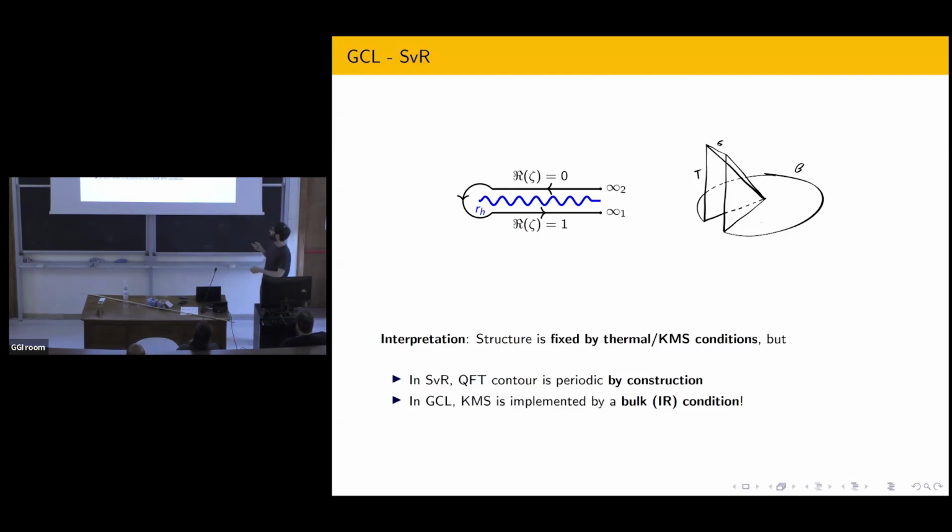So KMS is obeyed by construction. On the other hand, GCL involves this kind of analytic continuation around the horizon. So intuitively, it feels like it imposes KMS, but deep in the bulk.